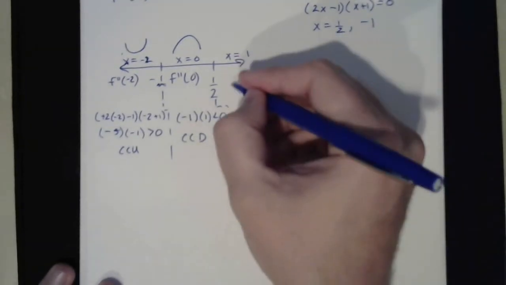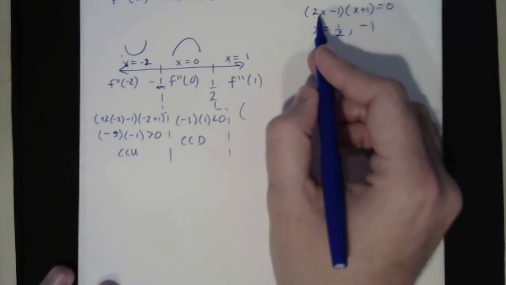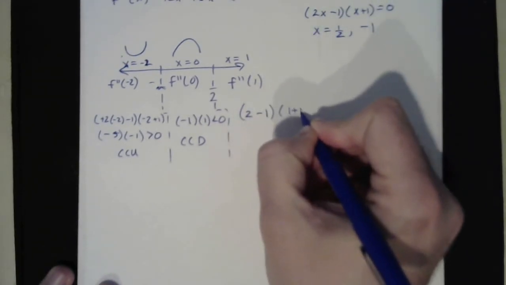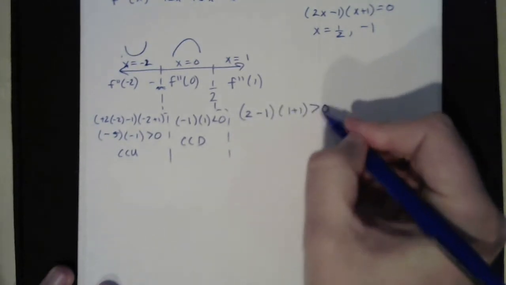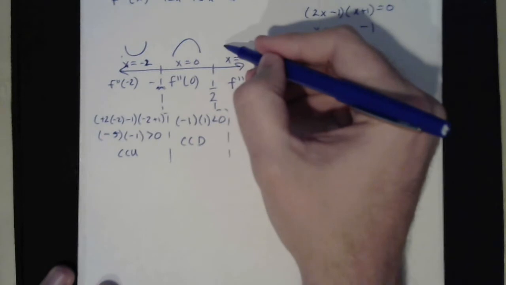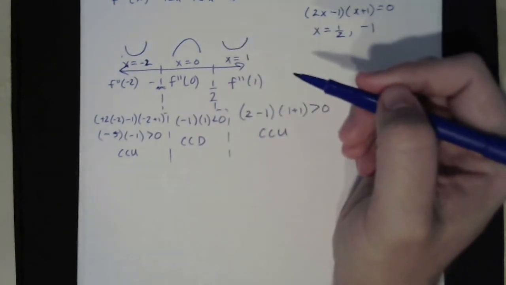And for x equals 1, plugging in 1, we're going to have 2 minus 1 times 1 plus 1, and all of this is going to be positive, so this is concave up.